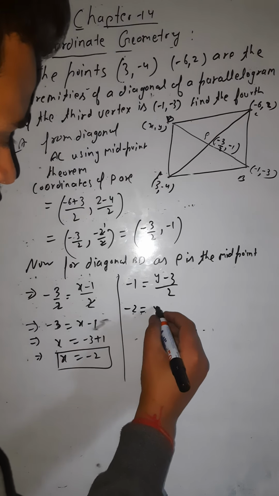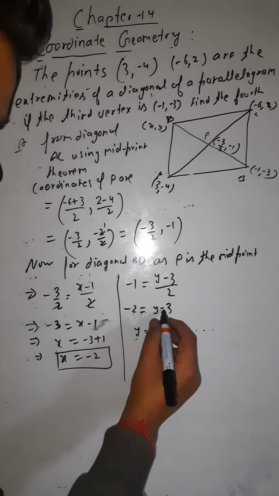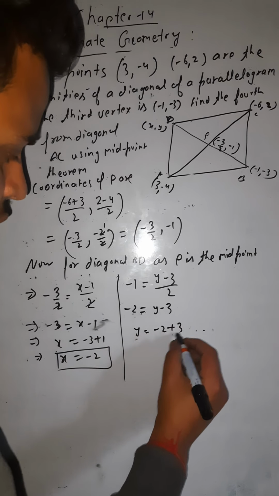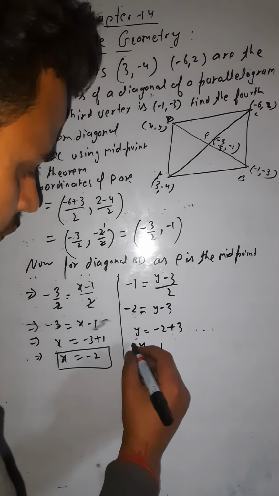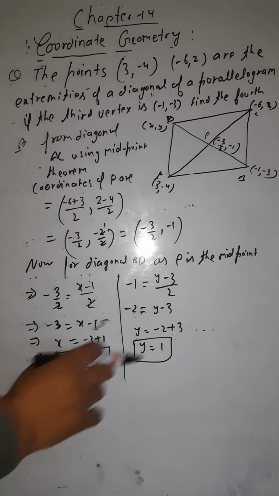It will be minus 2 is equal to y minus 3. The minus 3 will come here and become plus 3. So y would be equal to minus 2 plus 3, so y would be equal to 1. So the coordinates of point D are minus 2 comma 1.